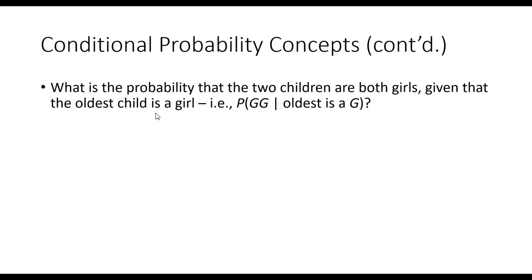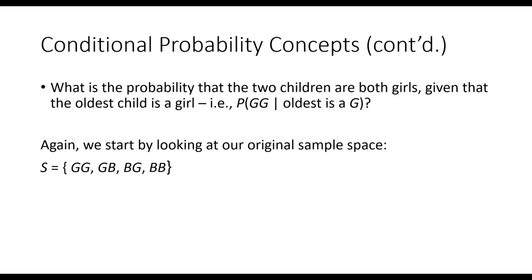All right, let's look at another possibility of finding the probability that both children are girls. In this case, we're given that the oldest child is a girl. So again, take a close look at the notation. Remember, the vertical line means given that. So again, I start by looking at the original sample space.